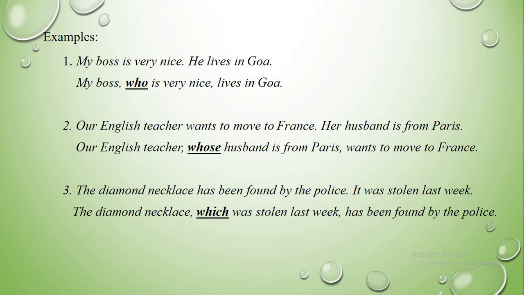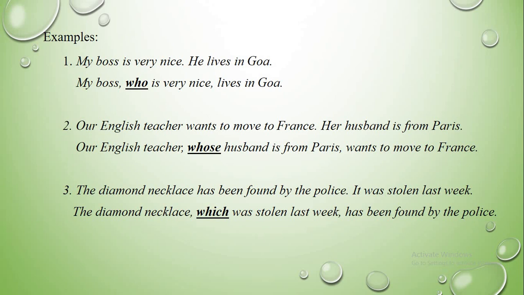Alright. The third sentence. The diamond necklace has been found by the police. It was stolen last week. Here we find two clauses, two sentences, and these two sentences are being clubbed into a single sentence using the relative pronoun which.